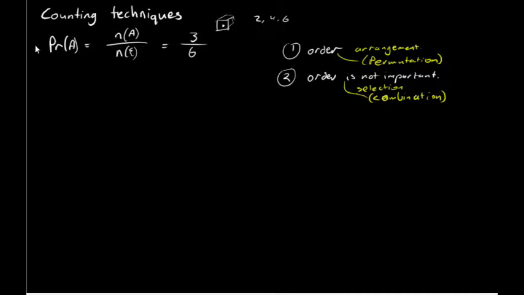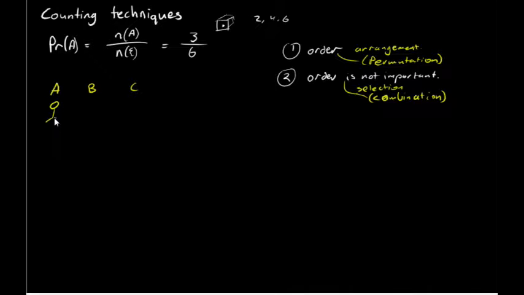Okay, so let's say we've got three people. So person A, B, and C. And I'm going to arrange them. I'm going to pick two of the people out and stand them next to each other. And I'm interested in how many different combinations can I put them together.